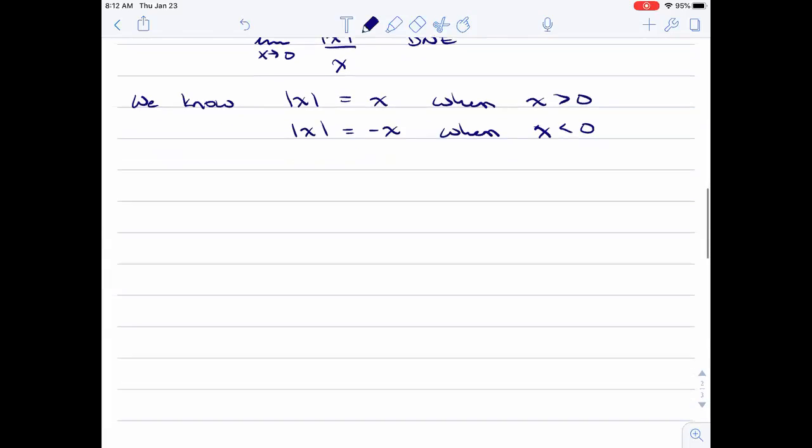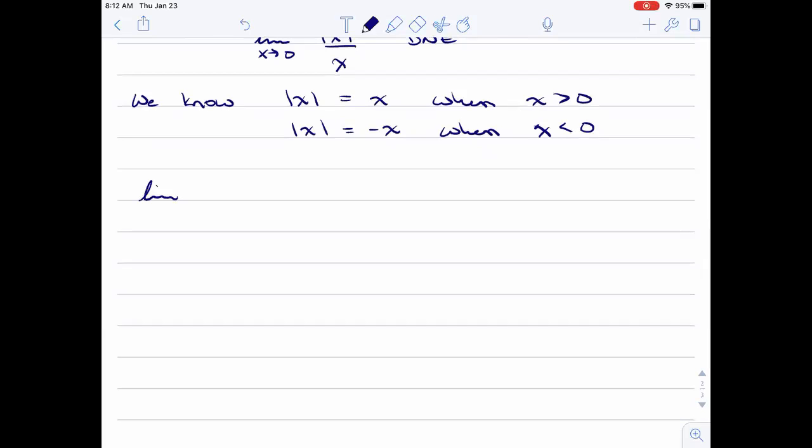And so what we can say is that the limit as x approaches 0 from the right, which we denote by a little plus superscript, of the absolute value of x over x is the limit as x approaches 0 from the right of just, so now, approaching 0 from the right, all those values are going to be positive, and so we know that we're safe to just replace the absolute value of x with just x, over x.